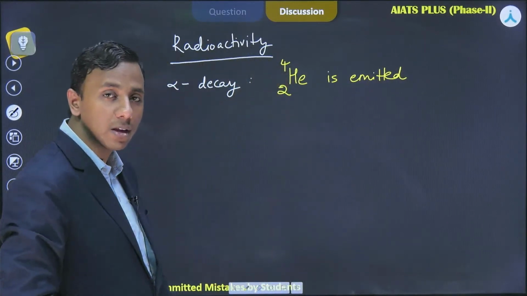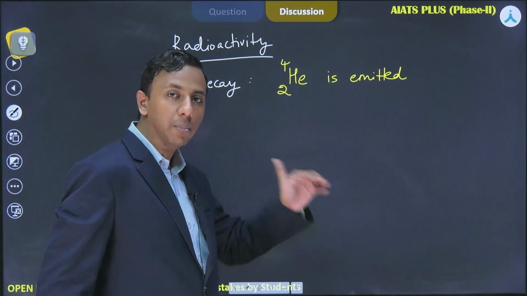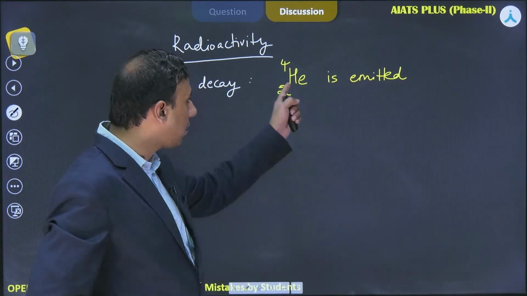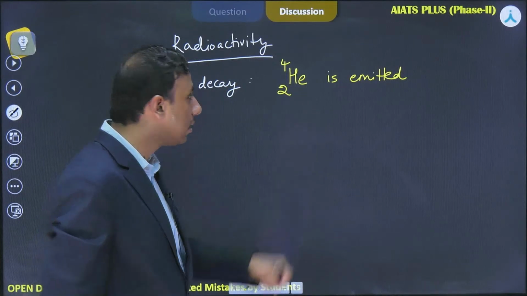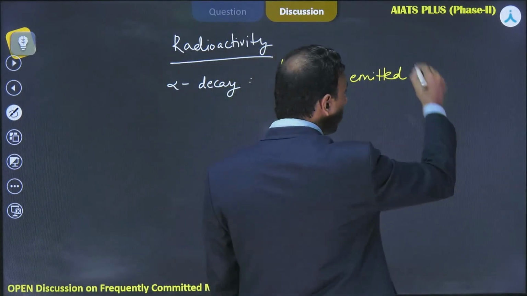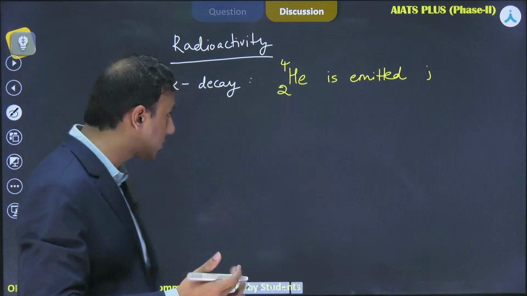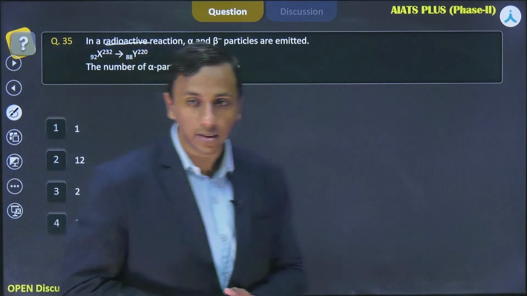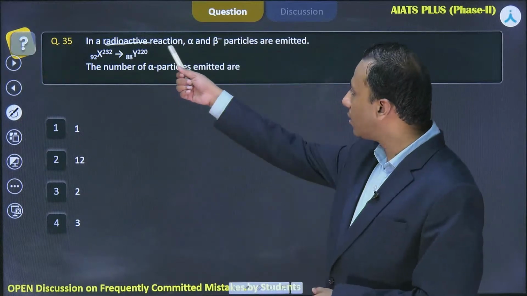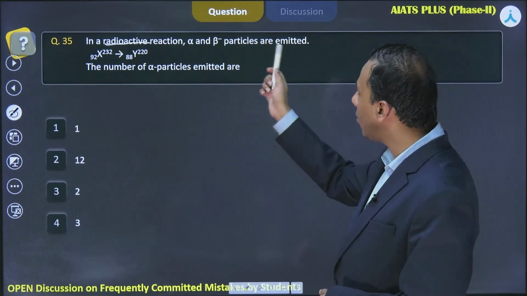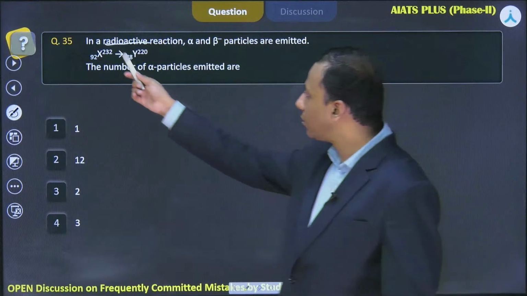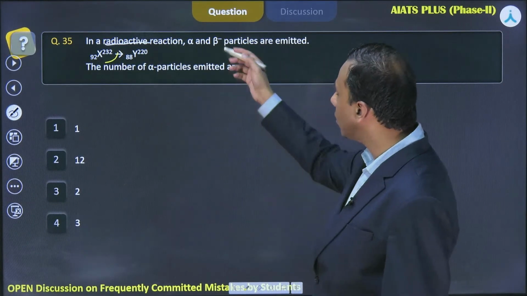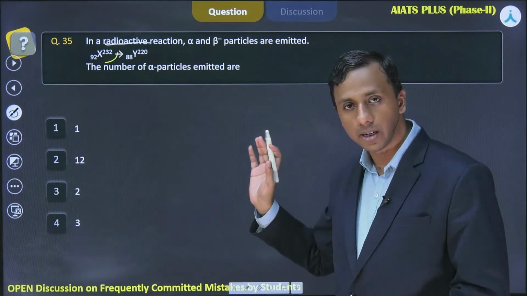Because of this, what would happen to the atomic number and mass number of the other nucleus that is coming along with this helium? If you read this question, they have given a radioactive reaction where alpha and beta particles are emitted. This is the parent nucleus, this is the daughter nucleus, and along with it alpha and beta particles are emitted.